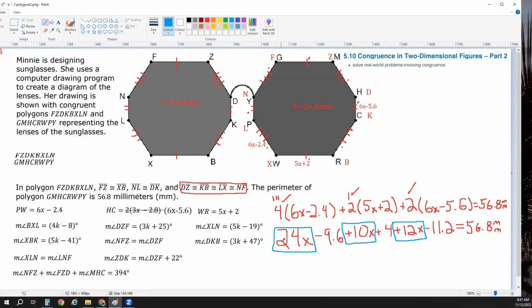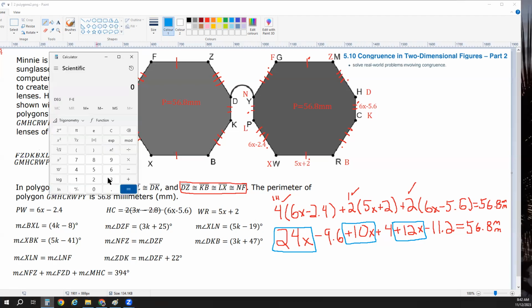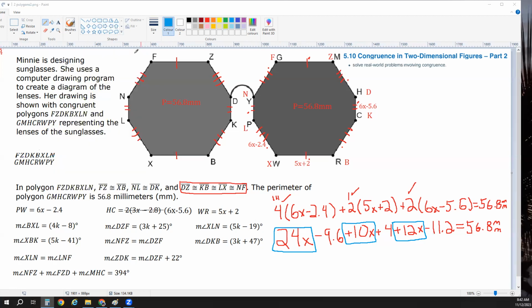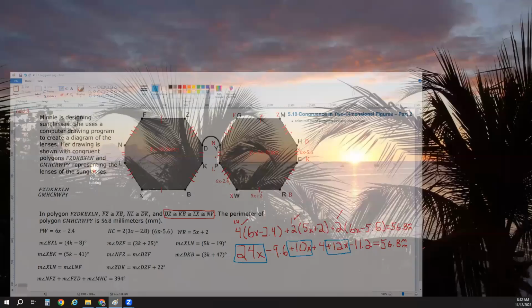So 24 plus 10 is 34, plus 12 is going to be 36. I'm going to double check that with a calculator because I can. 24 plus 10 plus 12 is 46. Man, I'm glad I double checked that. All right, 46x.